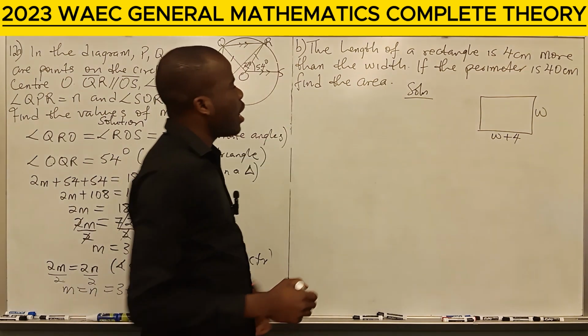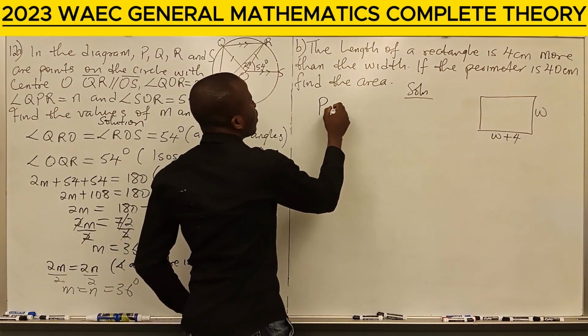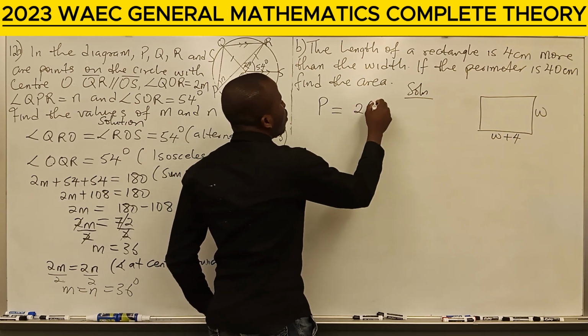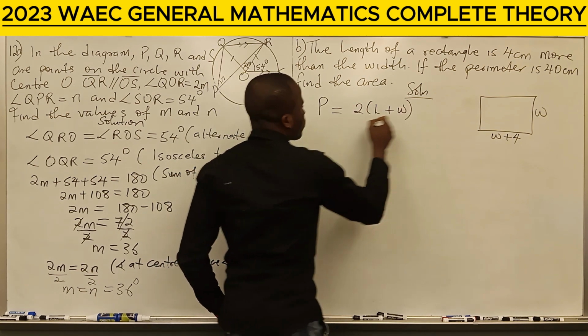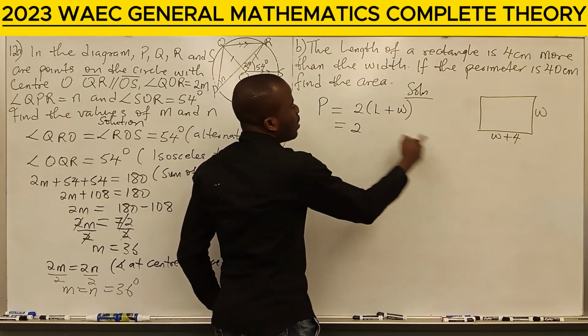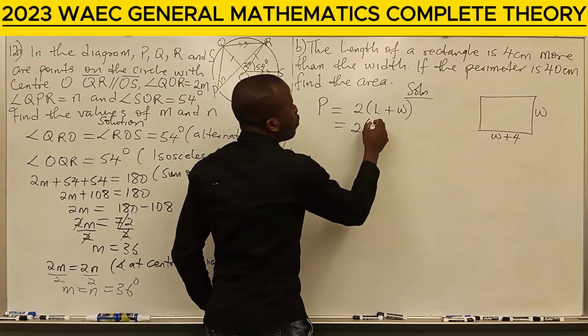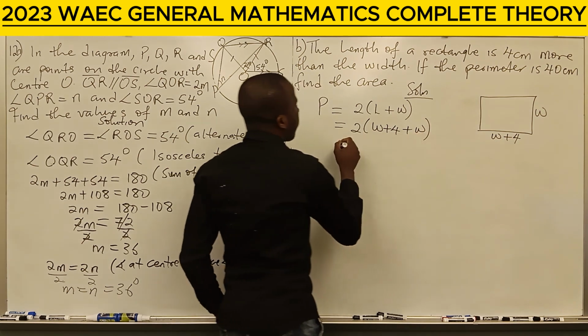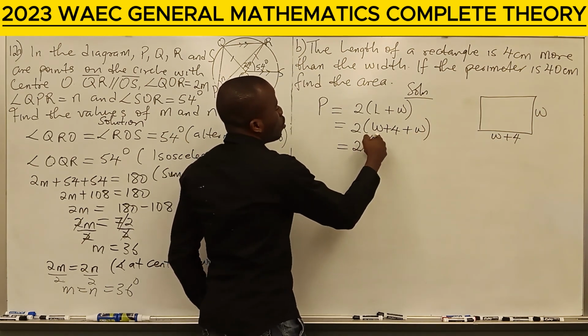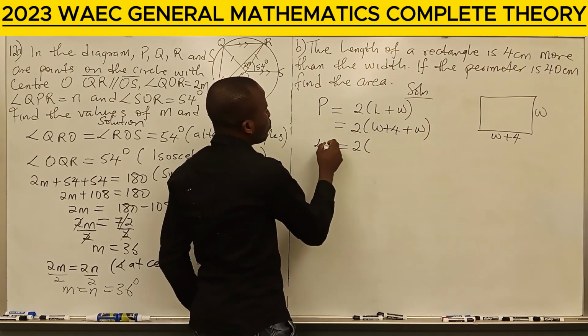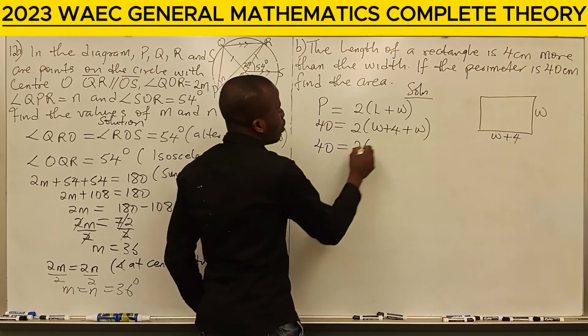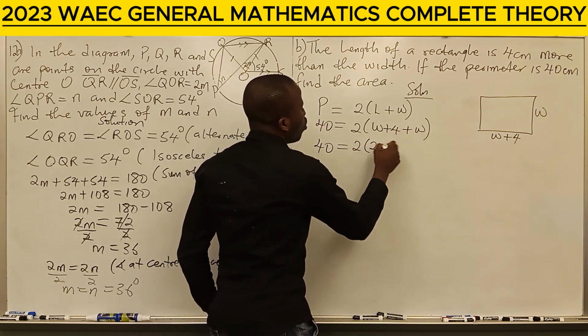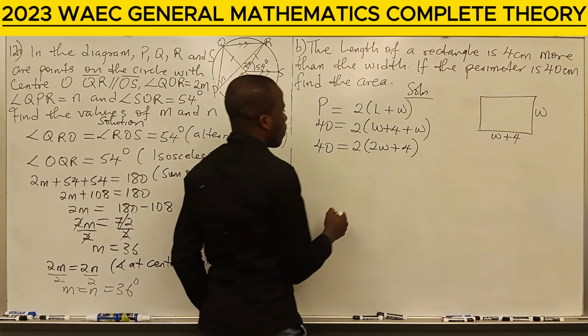To get the perimeter, you remember that the perimeter of a rectangle is 2(length plus width). Our length is W plus 4 and our width is W, so W plus 4 plus W. We are given it as 40. This is 2(2W plus 4) equals 40.